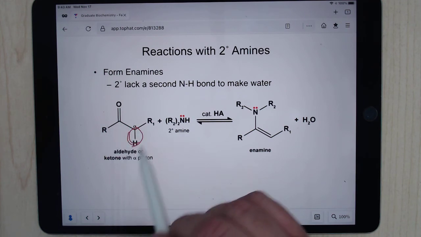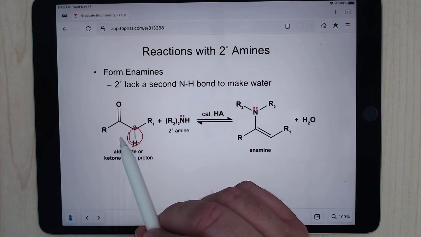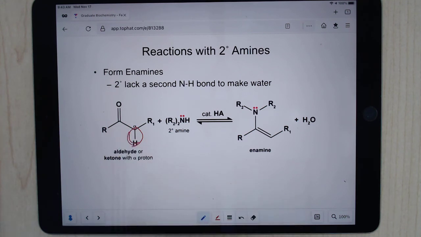Wherever you're ripping off that hydrogen, that's where the double bond is going to end up. This is what's called an enamine: ene for alkene, and then amine for the fact that you're making a new amine.